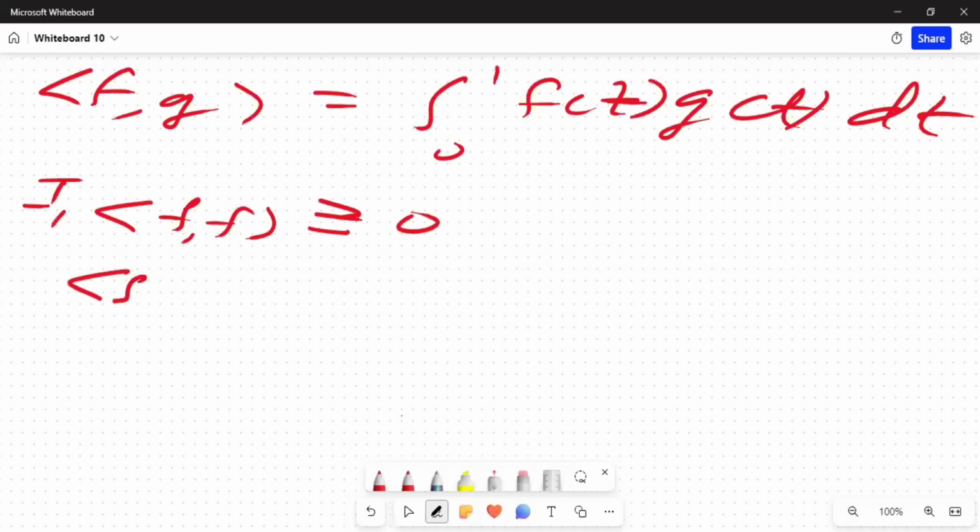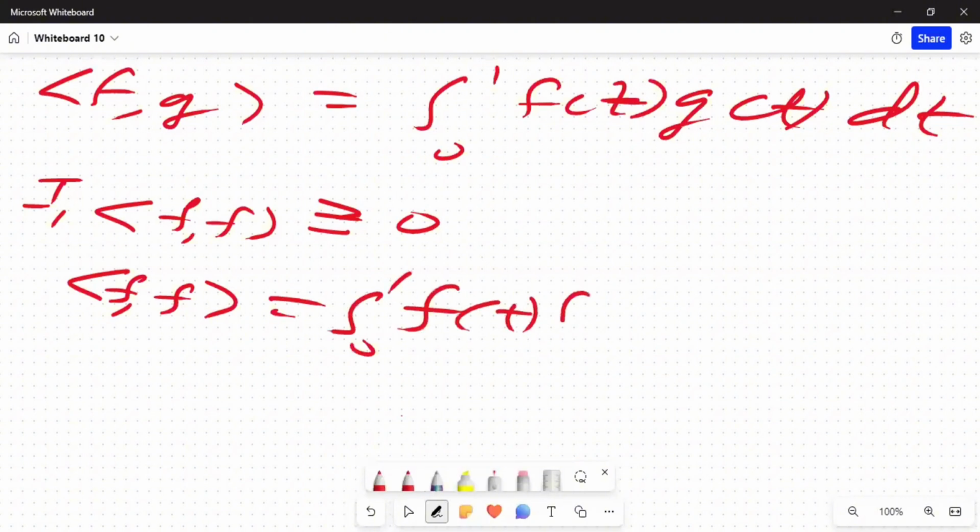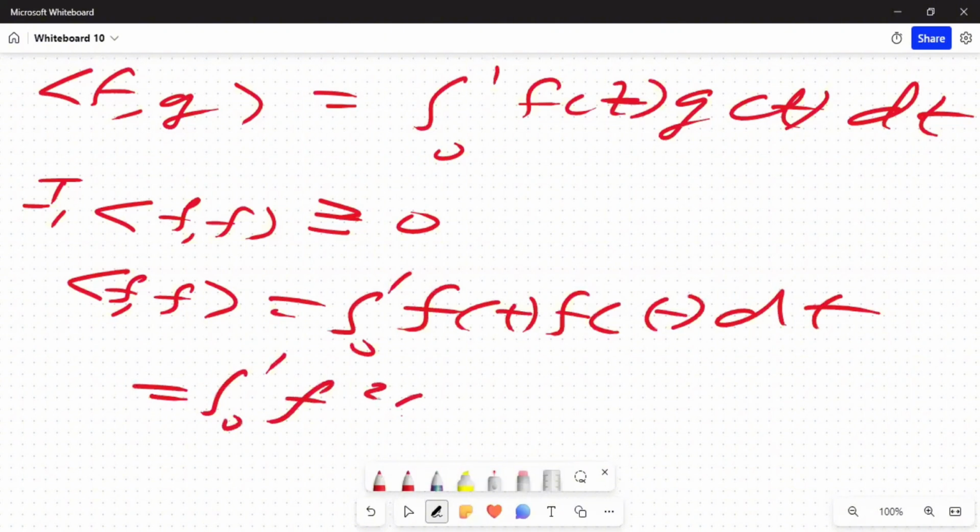As defined, it is the integral from 0 to 1 of f(t) f(t) dt, which is the integral from 0 to 1 of f squared(t) dt.